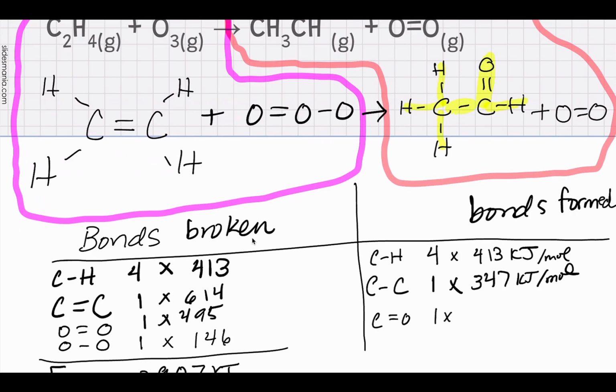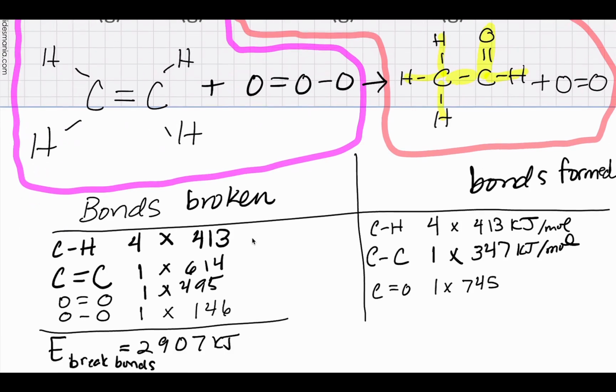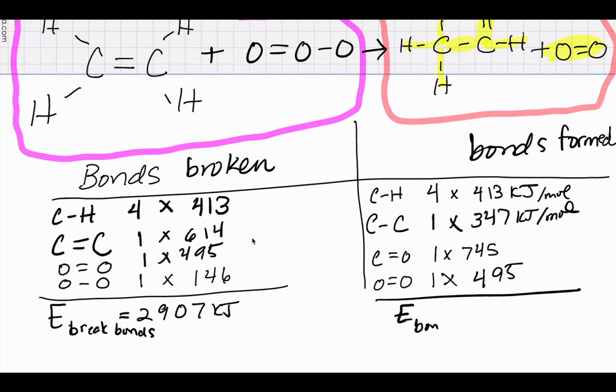And there's one of those. And then lastly, I do need to address that oxygen. So there is the double bond oxygen. So there's one of those, and the energy is 495. So if I add those together, I get the energy that's going to be released when the bonds are formed is going to be 3,239 kilojoules.